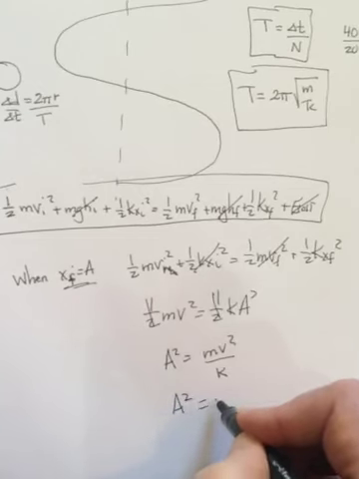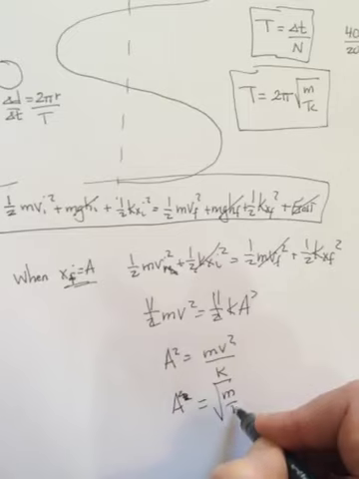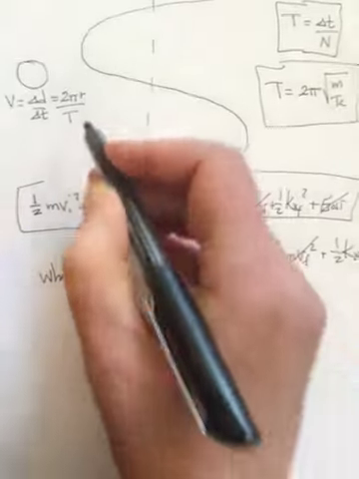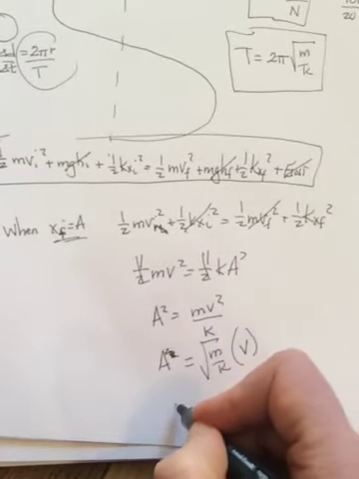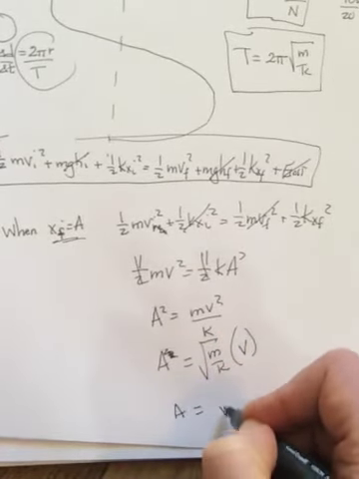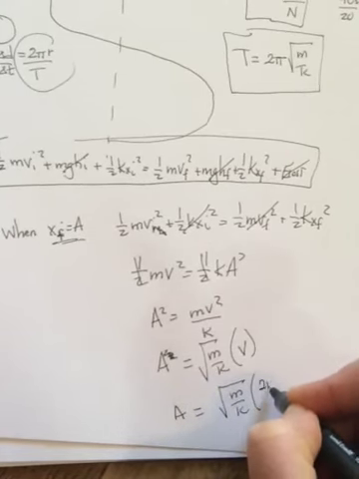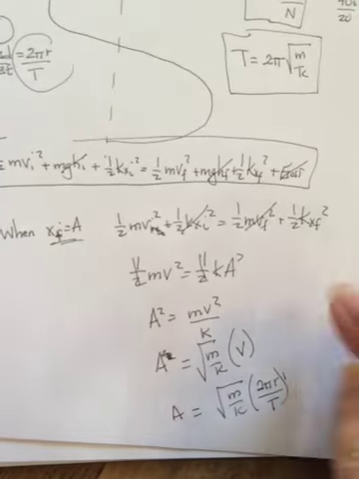So a is equal to the square root of m over k, and then this would just be v. But v is 2 pi r over t. So a is equal to the square root of m over k times 2 pi r over t.